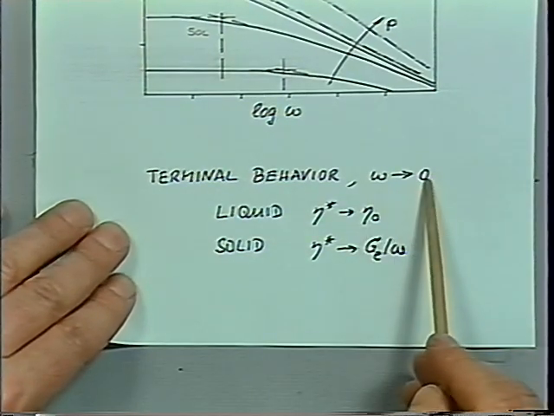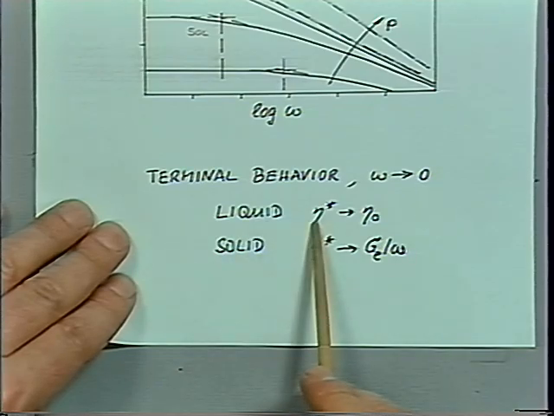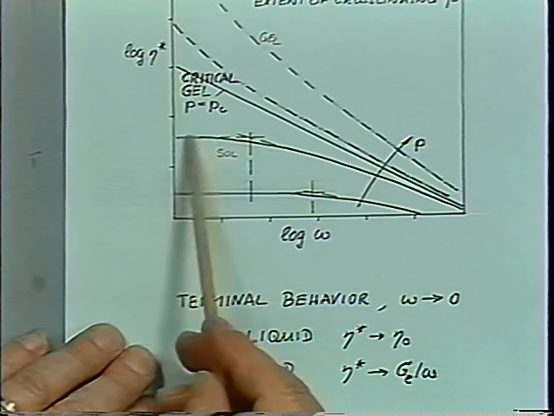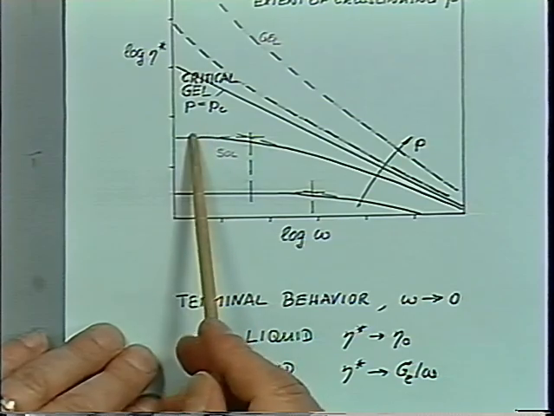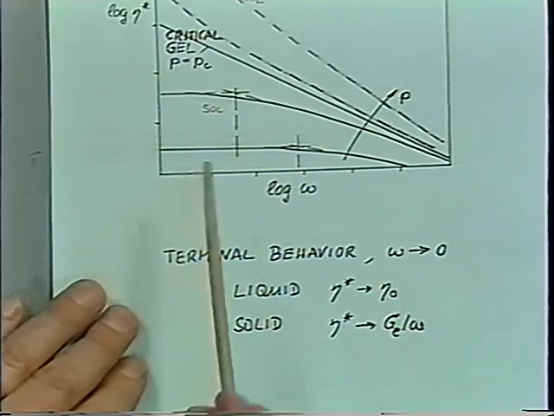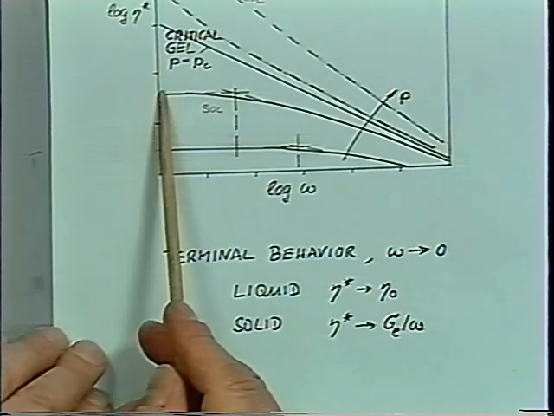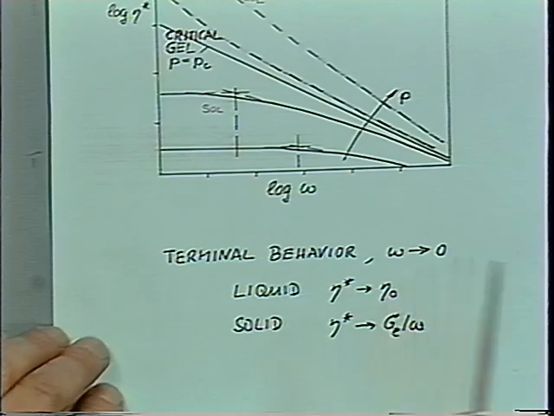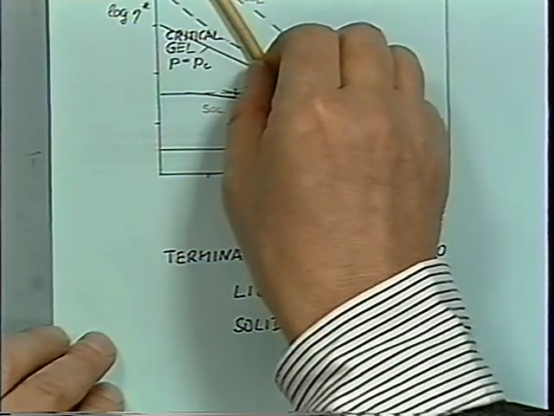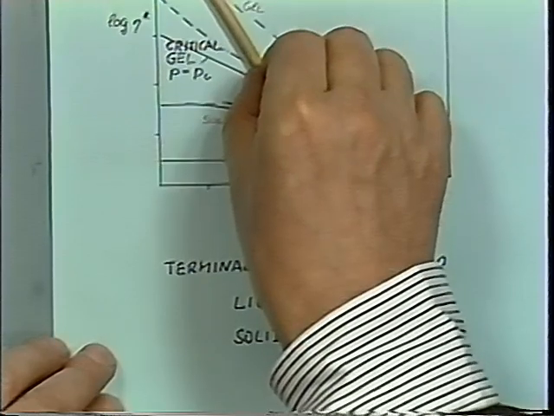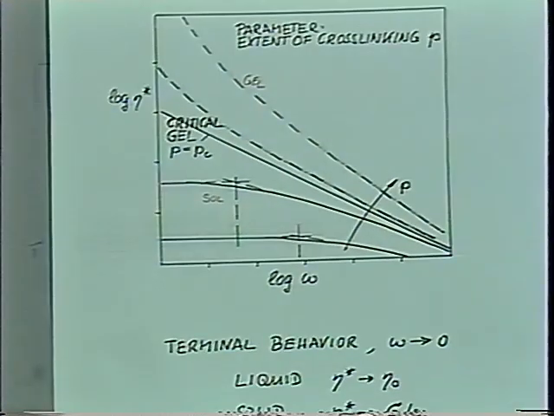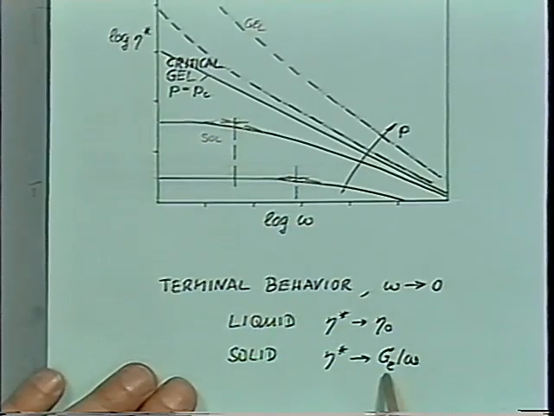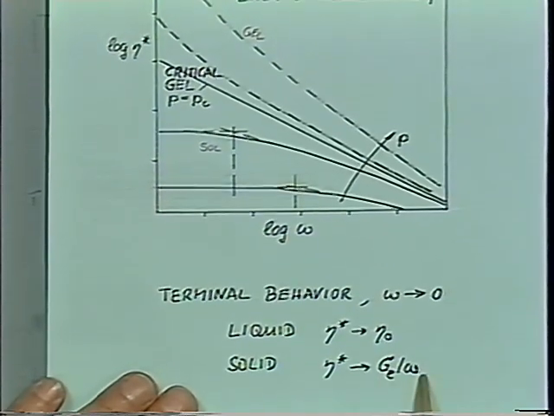If omega goes to 0 and you have a liquid, then the viscosity will simply level off, and the viscosity value here is equal to the zero shear viscosity. This is this level. And in the case of a solid, the terminal behavior is given by a constant slope here, and the slope is -1. The viscosity is really defined by the equilibrium modulus divided by omega.